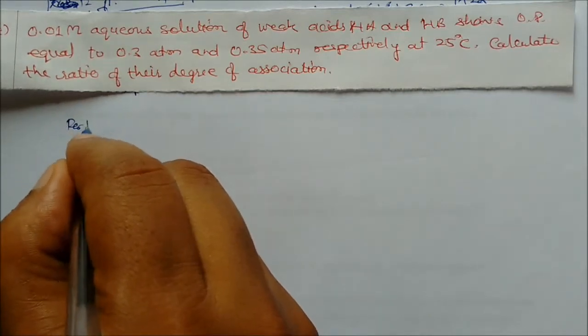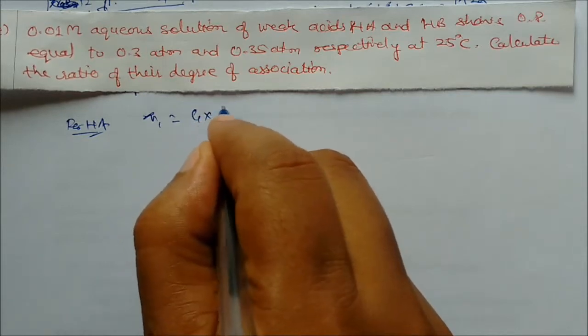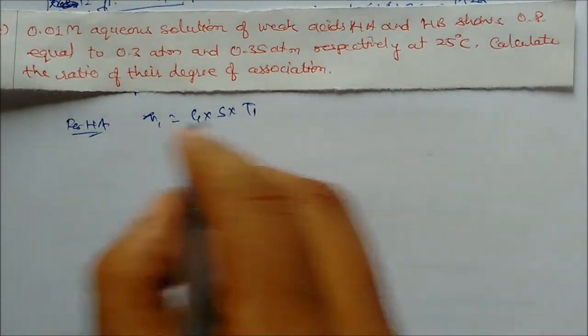Suppose for weak acid HA, we can write pi 1 equal to i1 C R T, because pi is varying.